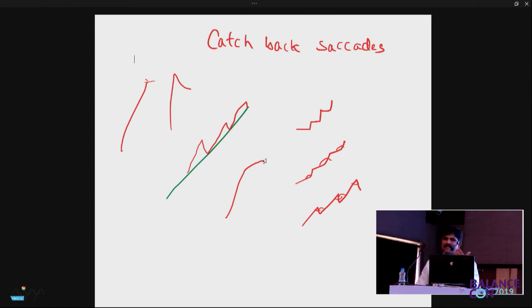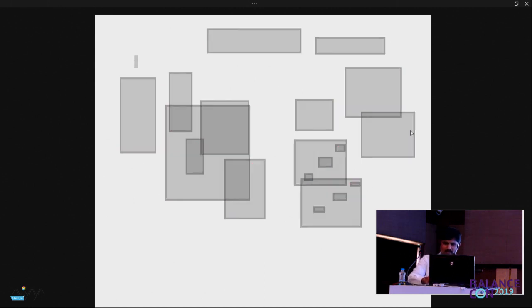We saw where some extent of slow movement is possible, but needs to catch up. We saw the obtuse angle catch-up saccades, and then we saw where the eye is faster than the target, and therefore there has to be catch-back saccades. Fine? We saw so many different kinds of abnormalities. Shall we proceed further? We are all together?